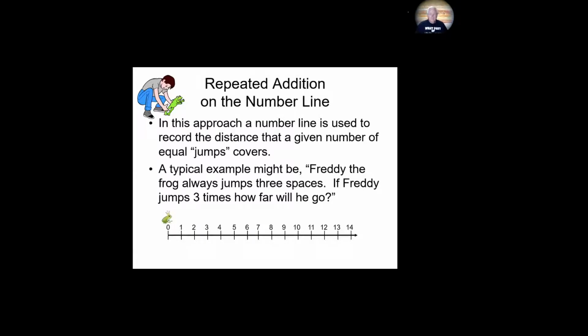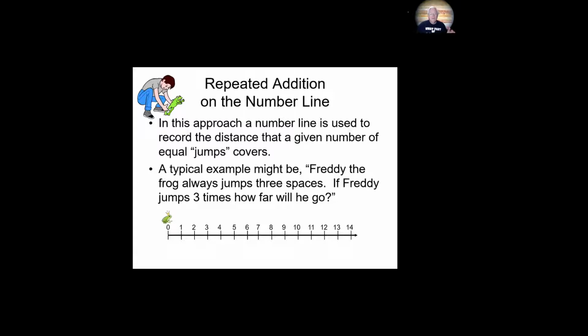There's Freddy. He's showed up finally. And when we look at Freddy, we're going to notice what happens. Now think what's going to happen the first time he jumps. From the problem, we know that he jumps 3 spaces. And so we're going to try and model this. And if I were in a classroom, I would have a little frog manipulative that I could actually use to model the jumps.